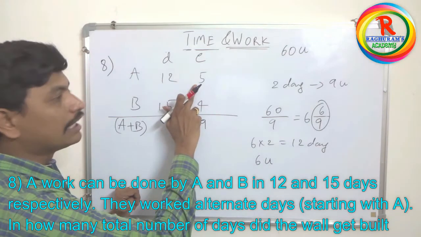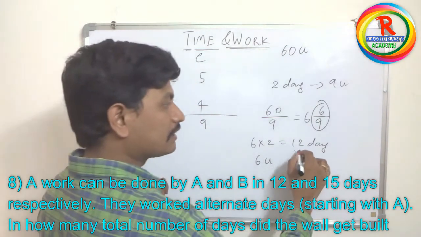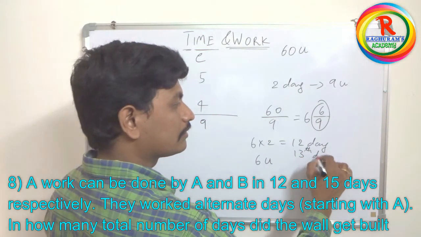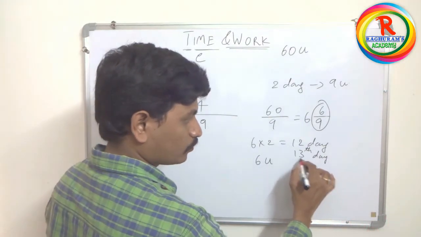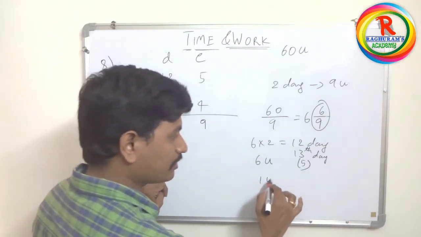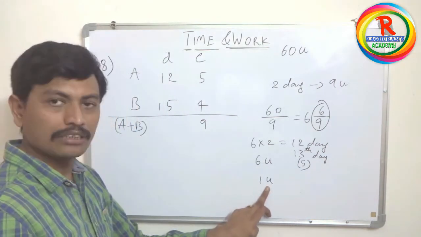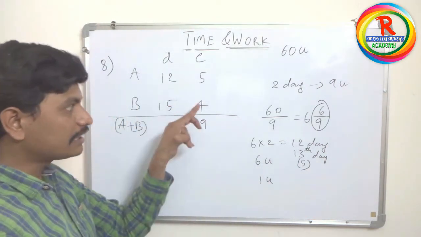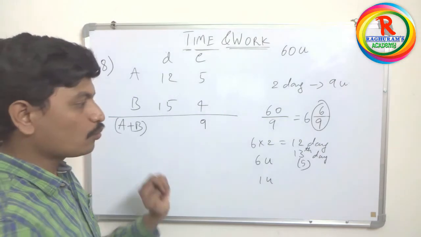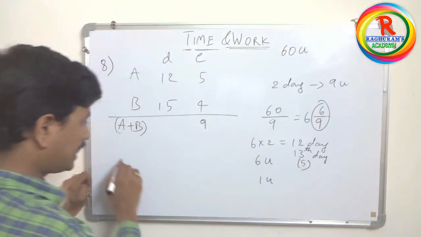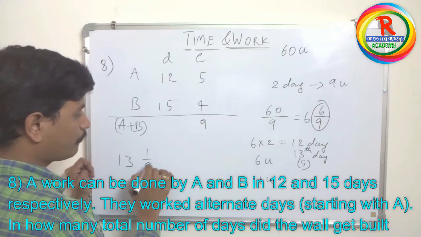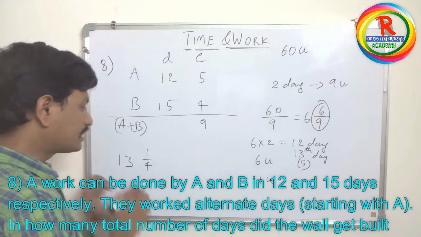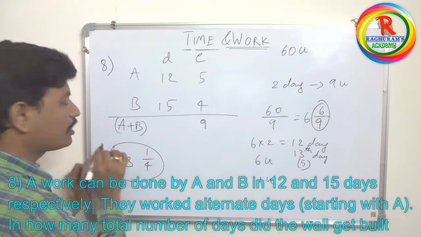Starting with A, on the 13th day A can complete 5 units. And what is left here? 1 unit. And 1 unit next day B will do. So what do you get? 13 days and 1 unit is left, so 1 by 4. So the answer is 13 1 by 4 days.